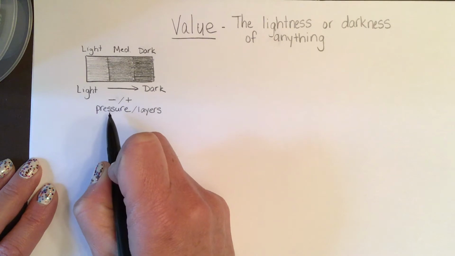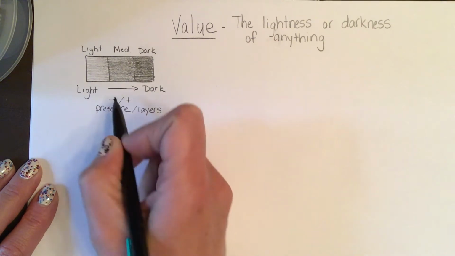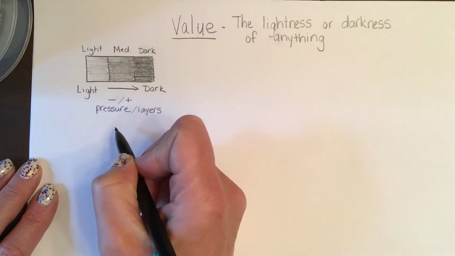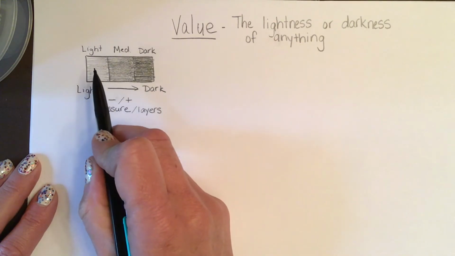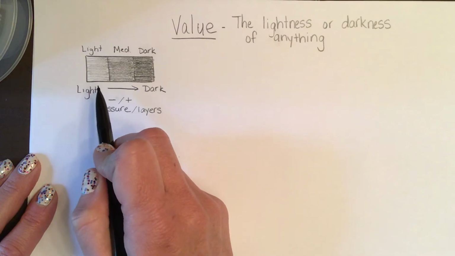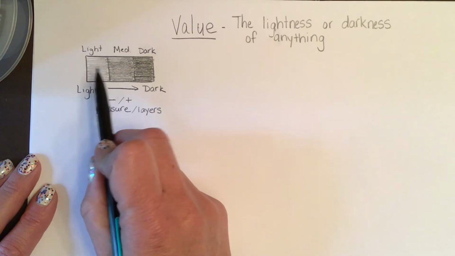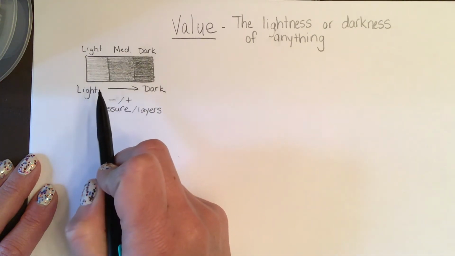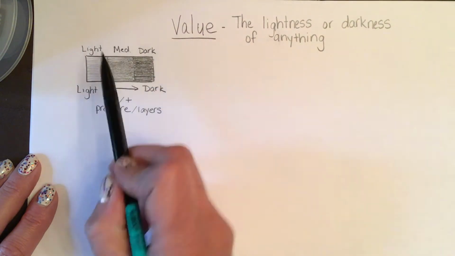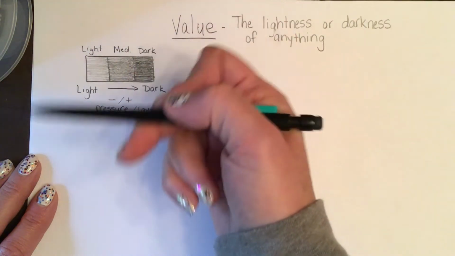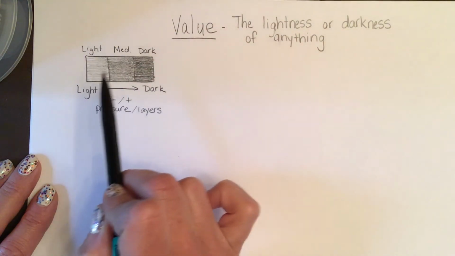We either used what's called pressure, which is how hard I press on my pencil, or I can also add layers. As you can see in the first box here, the light value was created with probably only 1 layer of value with my pencil. Or I held my pencil back further, so my wrist was very flexible. That makes my value very light.